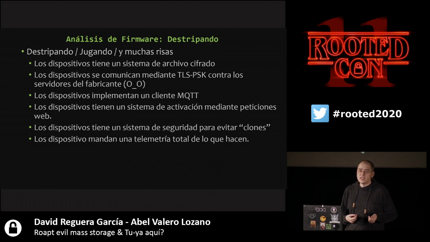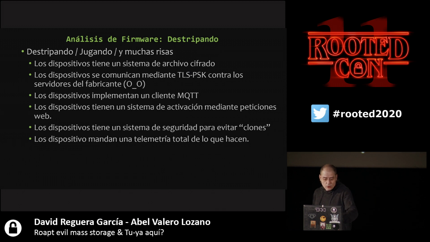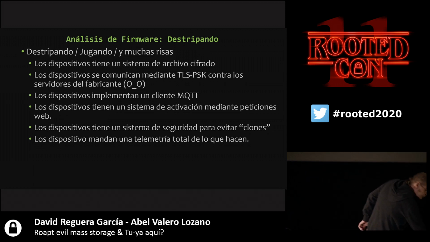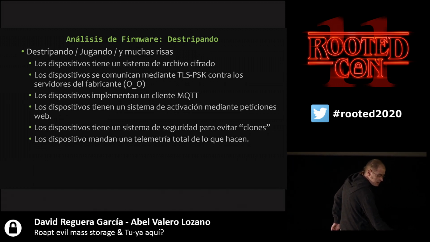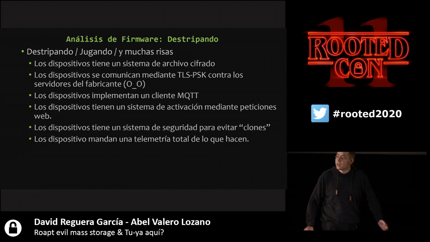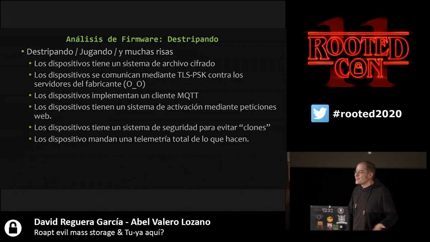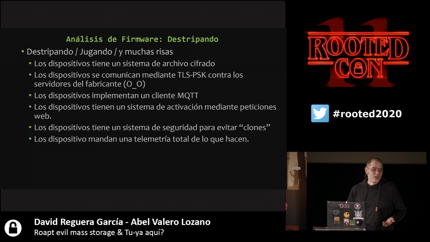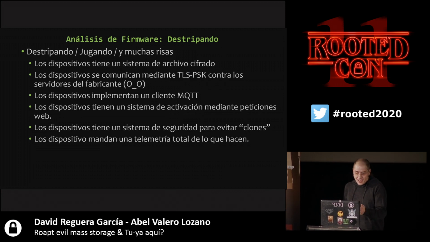Devices have an activation system. You get any of these devices, you try to plug it in, and if it does not communicate with the firmware of the manufacturer, it will not start itself. Devices have a security system to avoid clones. If I record it here, it doesn't work. Well, it works if you can identify where the anti-cloning measures are.